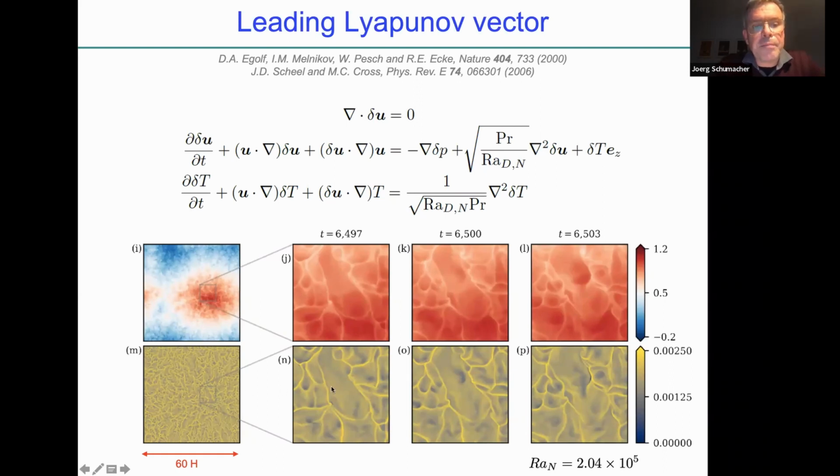So this is the temperature component of the leading Lyapunov vector field. And you see the structures are similar to the original temperature structures, which we see at the top. And the very bright narrow regions here are those regions which are the most unstable regions in the system.